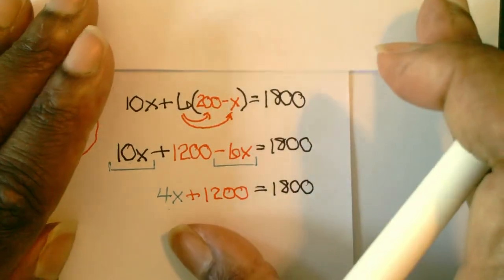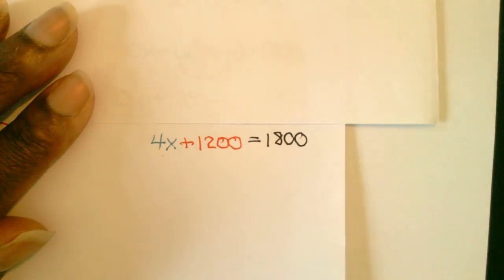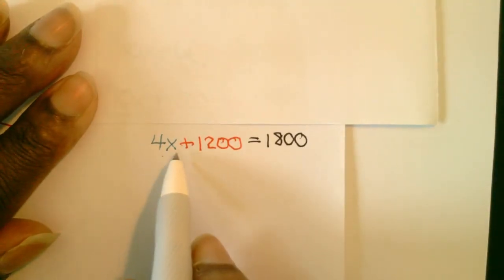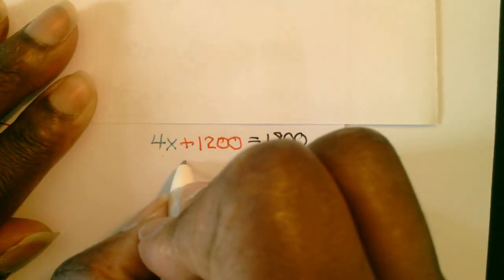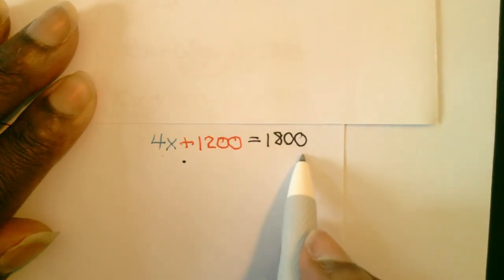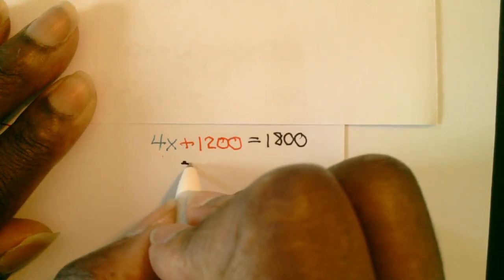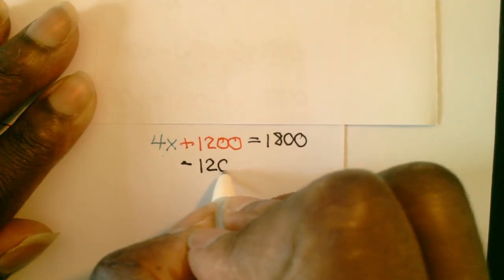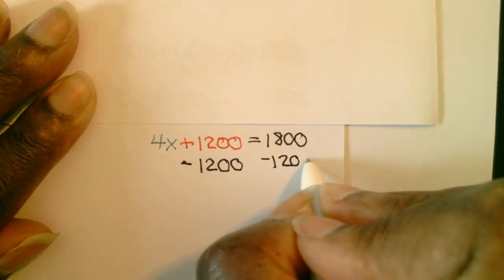So I combined those two to get my 4x, and brought down my plus 1200. All right, let's bring it down. Focus on this now. We want to isolate our x. So we want to do the inverse, so we can move that 1200 over to the other side. It's a positive 1200, so we're going to subtract. Whatever you do on one side, you have to do to the other side of the equal sign.